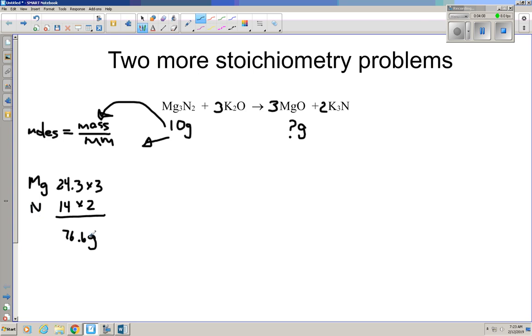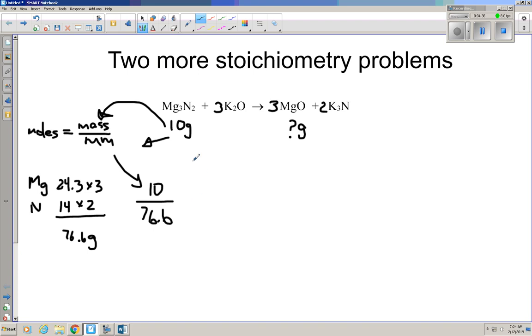Now I know a lot of people are still not really down on the whole mole concept, but what we're saying is 76 grams of this stuff will get you 6.02 times 10 to the 23 of these things altogether. So we still haven't found the number of moles in 10 grams, so let's do that next. I'm going to go 10 grams divided by 76.6.